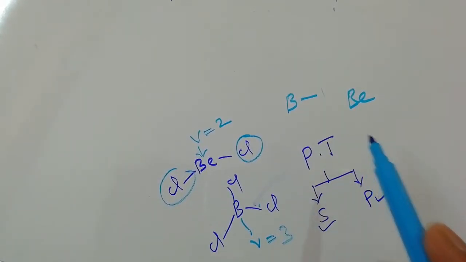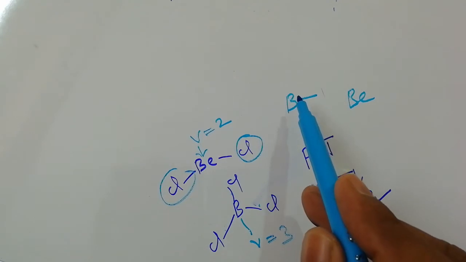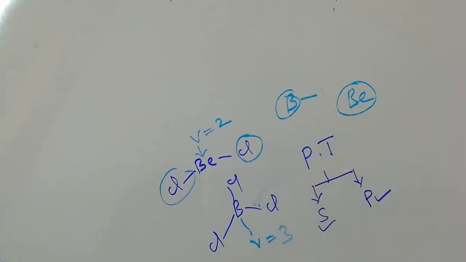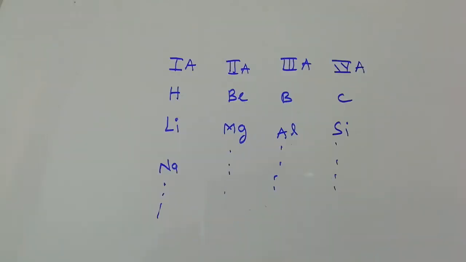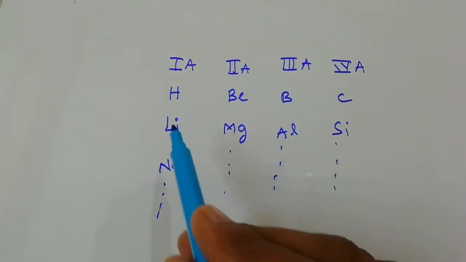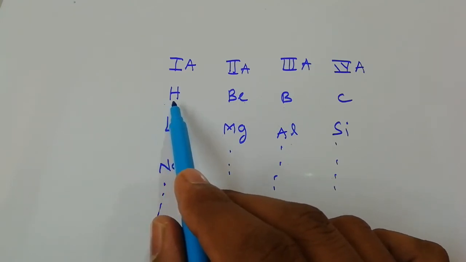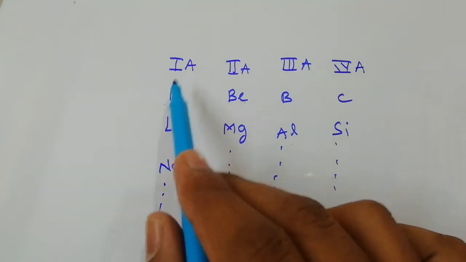So to identify the valency by looking at the atom itself, we are learning now. What I want to say here is that the valency of these atoms is equal to their group number itself.